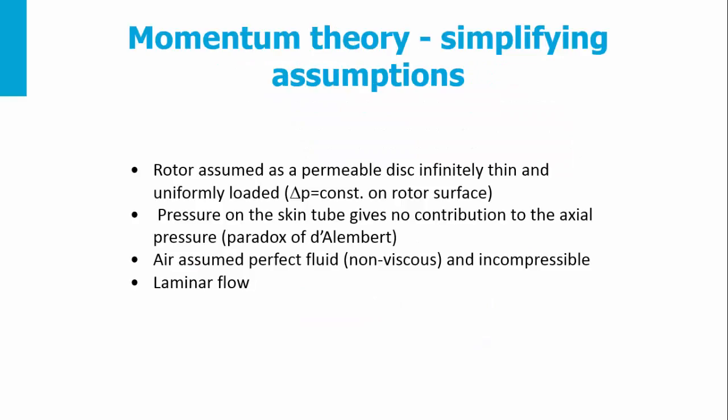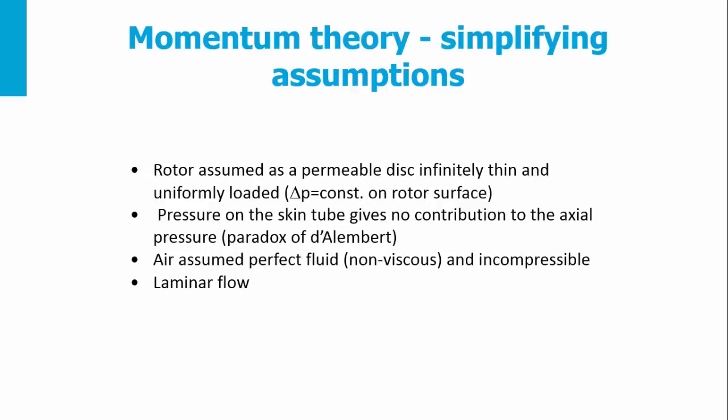The main simplifications made in this theory are: the rotor is assumed as a disc infinitely thin and uniformly loaded. The pressure is constant on the rotor surface. The pressure on the stream tube gives no contribution to the axial force, the D'Alembert paradox.